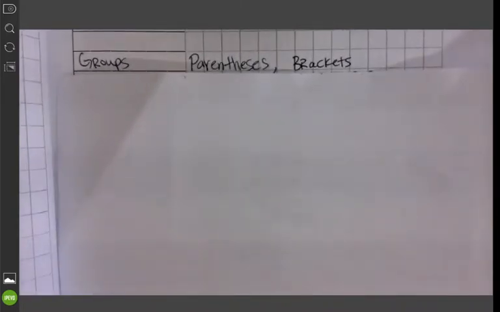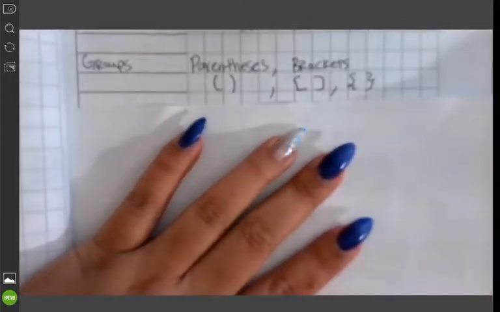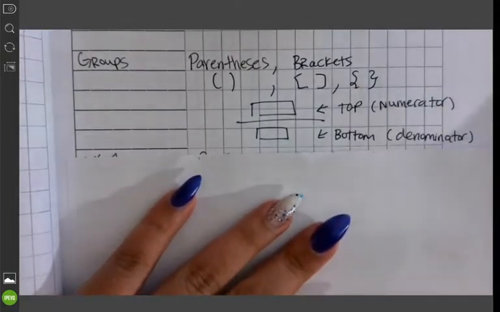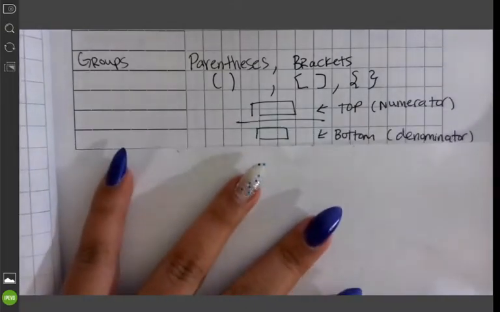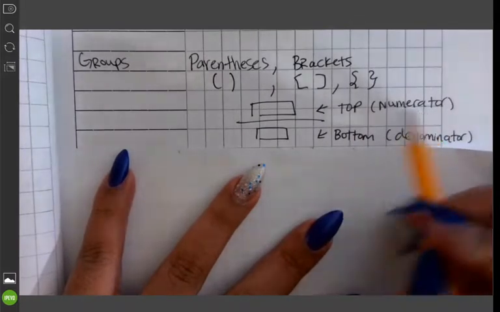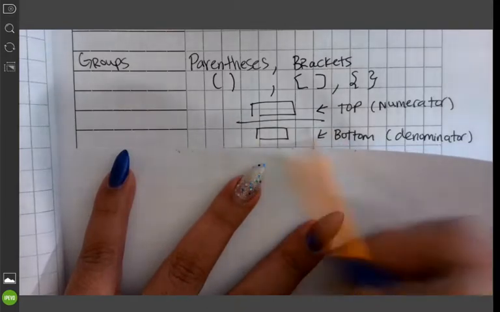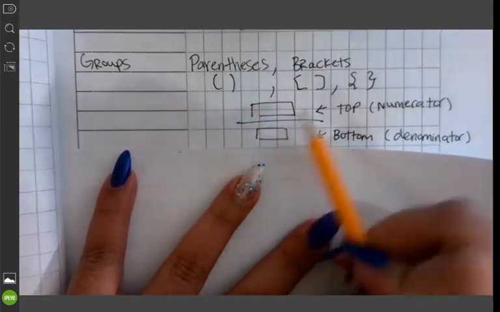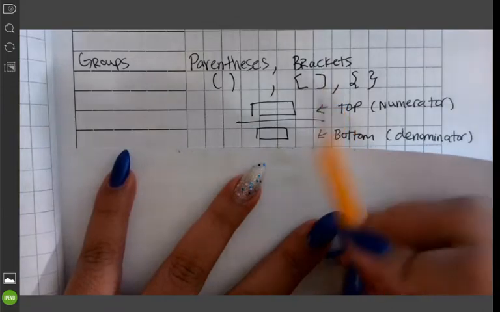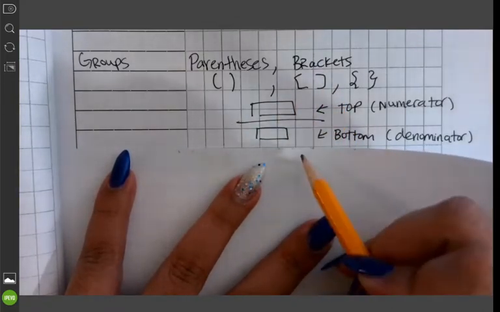But here at Cascade, we'll say groups, because groups are parentheses, brackets, fancy brackets, or fractions, where you have the things on top, which we call the numerator, and the things on bottom, which we call the denominator. If you see a big fraction and you see a bunch of things on top, that is a group. And if you see a bunch of things on bottom, that is a group. And you want to do the groups first.